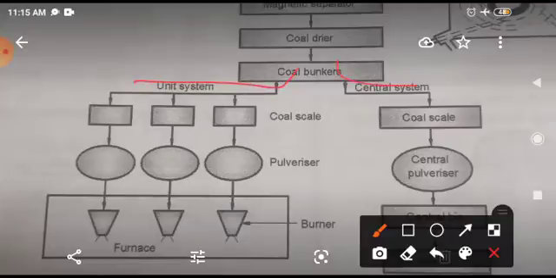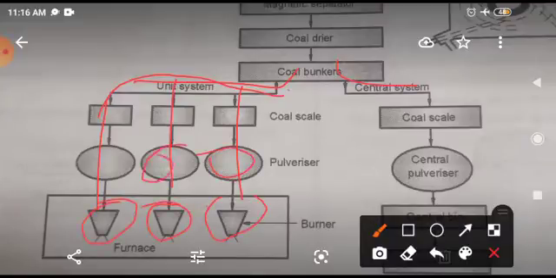In the unit system, for the furnace there are three burners. For each burner the pulverizer and the coal scale are separate. For each separate burner there is a separate pulverizer and a separate scale. Coal scale means the coal is measured, pulverized and fed to the burner.